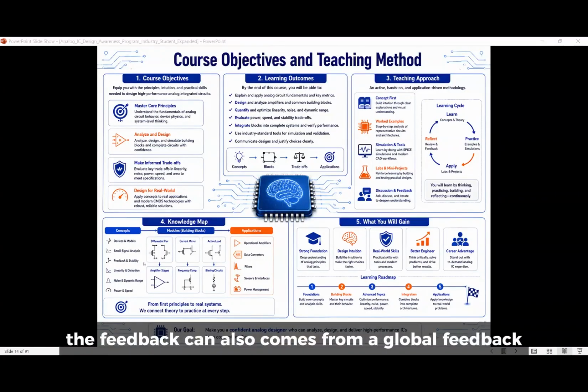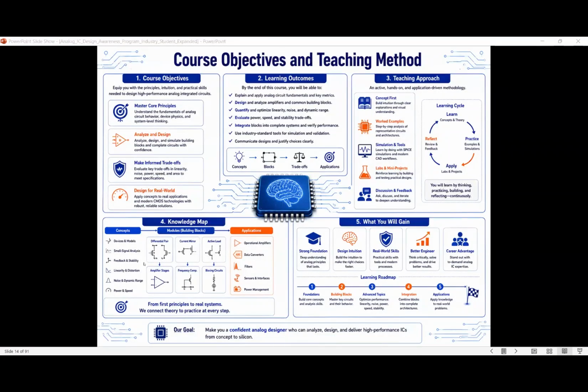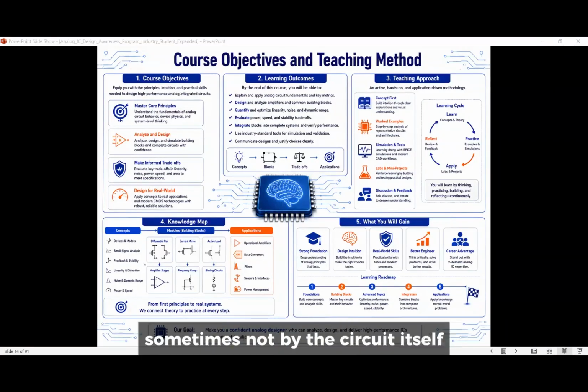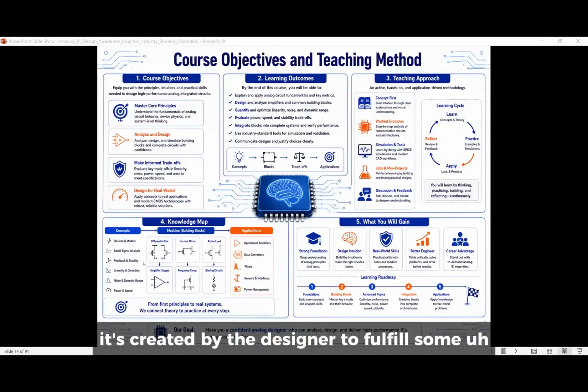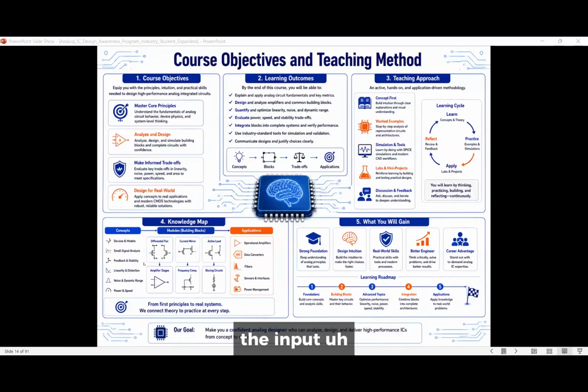The feedback can also come from global feedback. This global feedback is actually created by the designer, not by the circuit itself. It's created by the designer to fulfill some spec, for example, to desensitize the design to changes in the input signal.